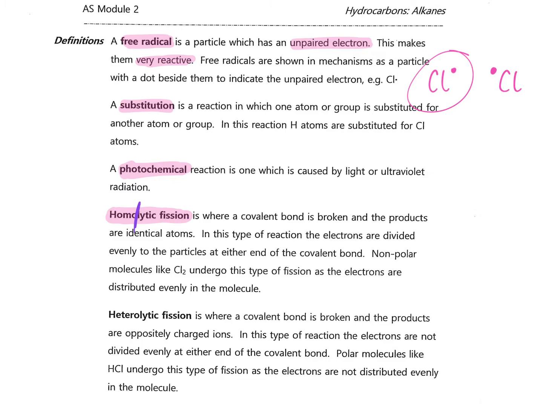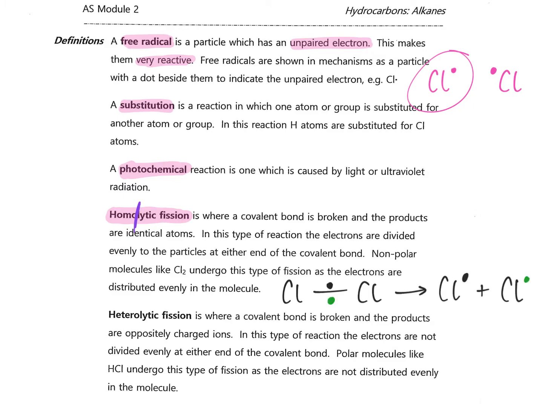The little prefix homo means the same, and lytic means is representing the breaking of that bond. So that word homolytic is representing that the covalent bond is breaking in such a way that the atoms each end up the same. In other words, the shared pair of electrons is divided equally.